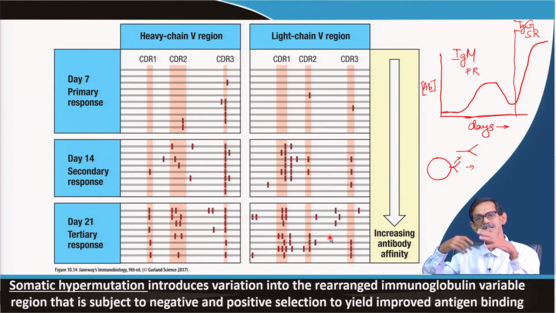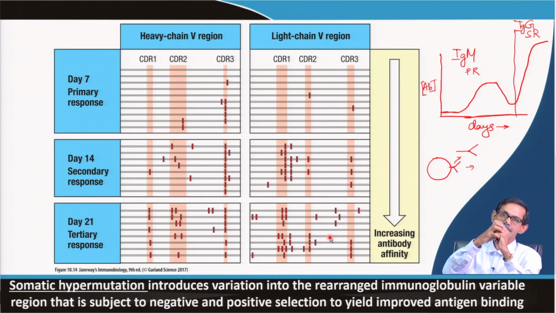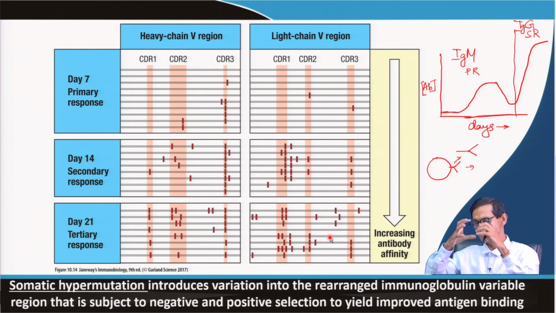So, it is a kind of positive selection, where only the better binders attach to the antigen, and B cell proliferation is going to happen. So, that is how affinity maturation is going to happen.